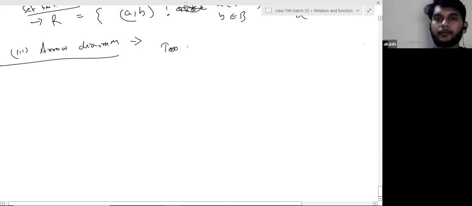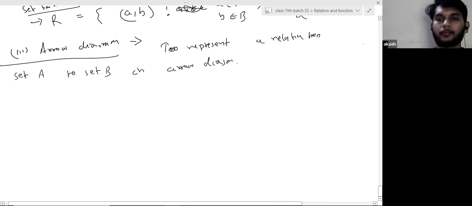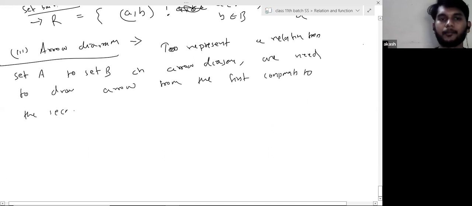To represent a relation from set A to set B in arrow diagram, we need to draw arrows from the first components to the second components. This will be clear with an example.